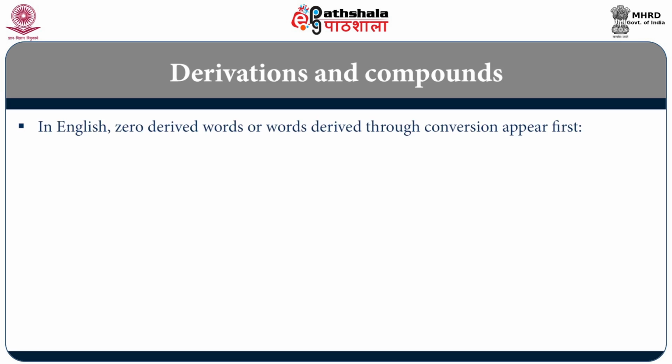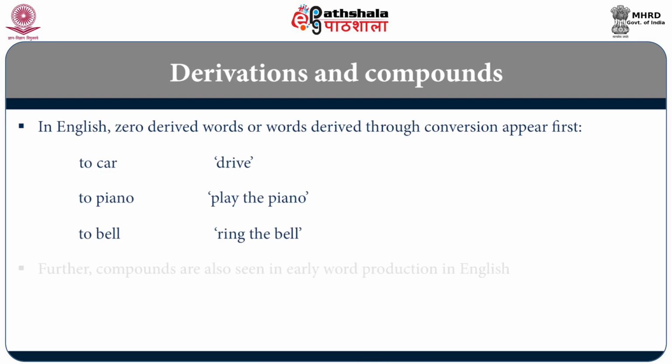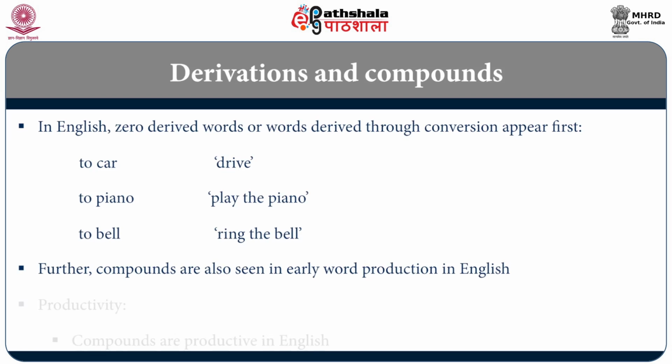So we find children creating words like to car when they want to use the meaning drive, or they say to piano to mean play the piano, or to bell to mean ring the bell. Morphological simplicity is the obvious explanation for this type of construction. At the same time, however, children also produce compounds early enough.